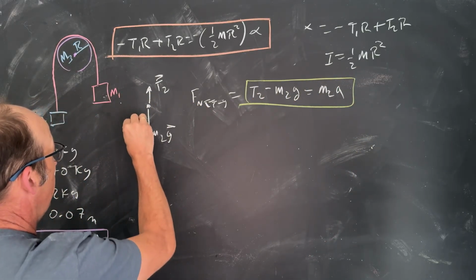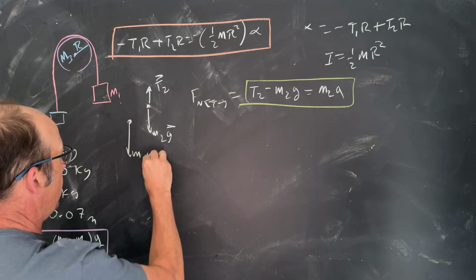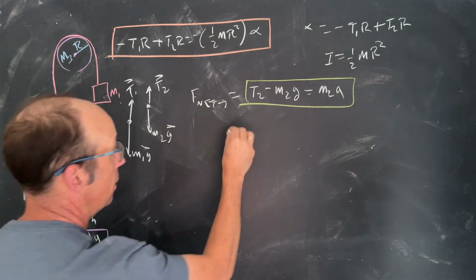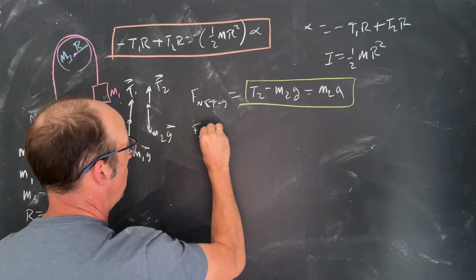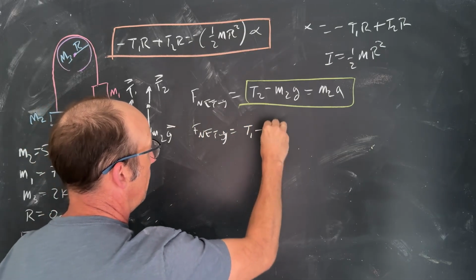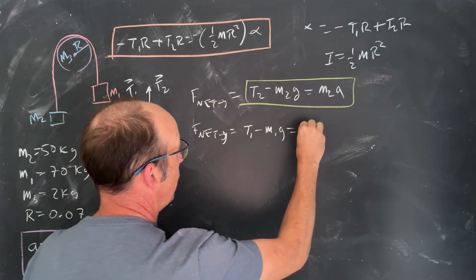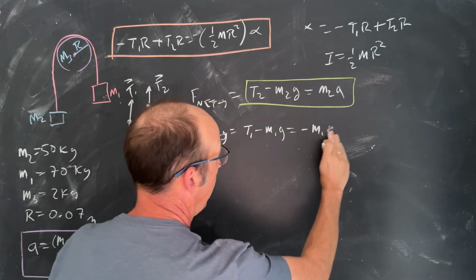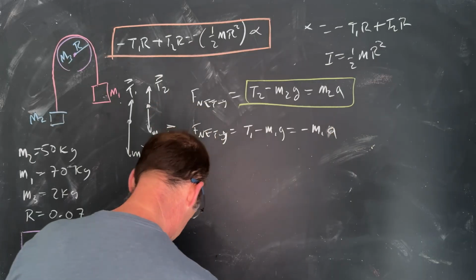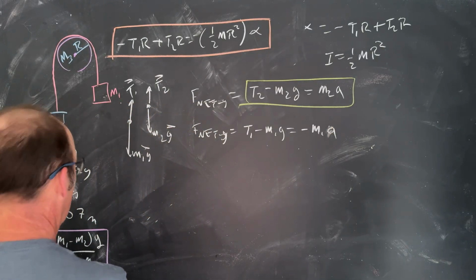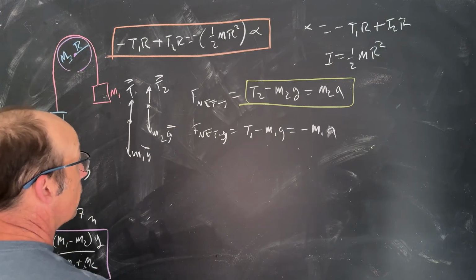I have M1 g and T1, different tension. So F net y is going to be T1 minus M1 g equals negative M1 a. What color have I not used? Green.